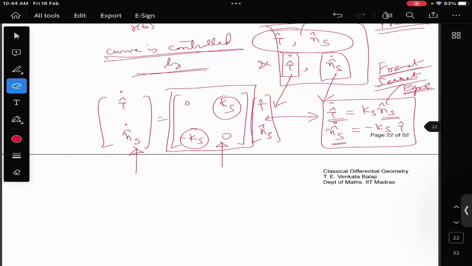So I'll just say the above tells us the importance of understanding the signed curvature, and of course the signed curvature and also the signed normal. Mind you, the signed normal is also involved anyway. I sometimes put the cap, sometimes I don't put the cap, but I always put a cap to keep reminding you that it's a unit vector.